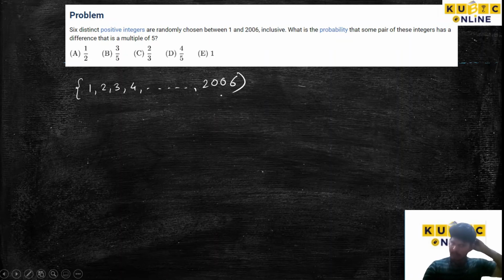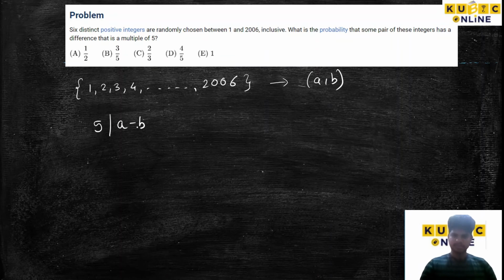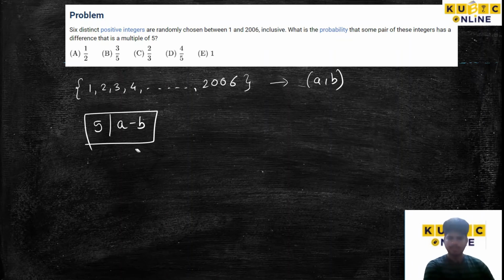What is the probability that some pair of these integers, so we have to form a pair a comma b, such that the difference is a multiple of 5. So 5 divides a minus b. Okay. So let's see how we can do this question. So 5 is dividing a minus b. So I can say a minus b is congruent to 0 mod 5.